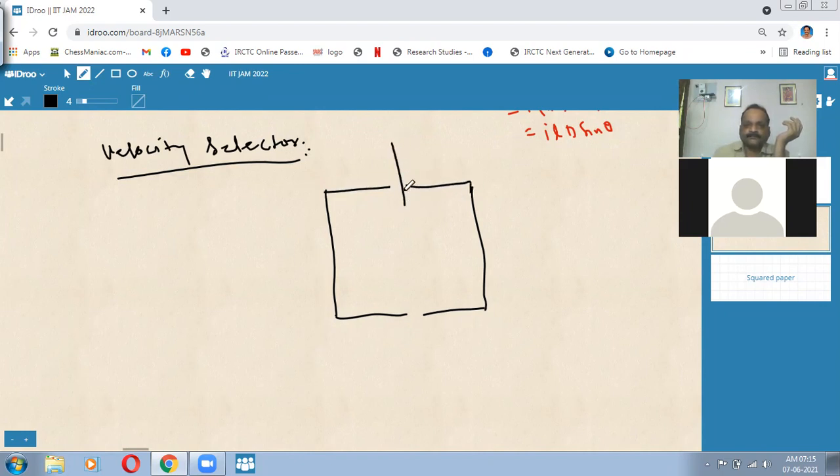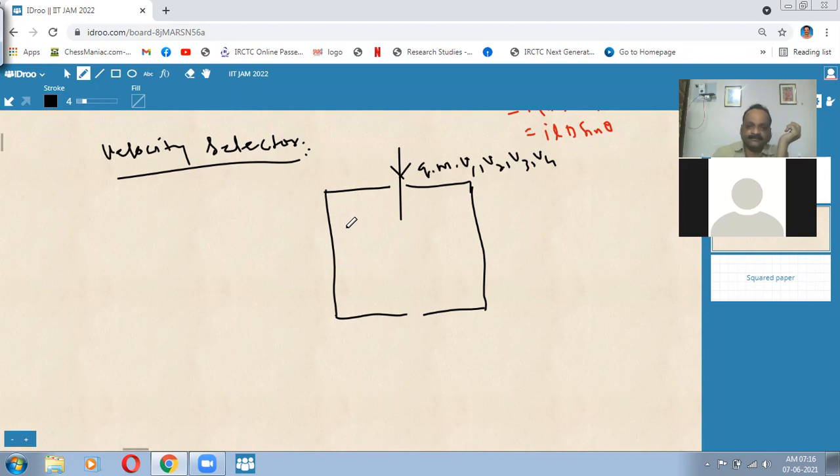From here, let you send charged particles, charge Q of mass M moving with a velocity V, or different velocities, say V1, V2, V3, V4, like this. Any velocities, any particle. All are having the same charge, same mass, but they are having different velocities.